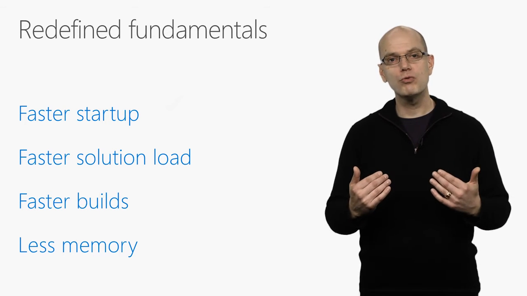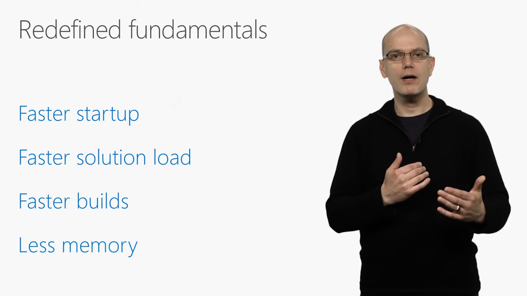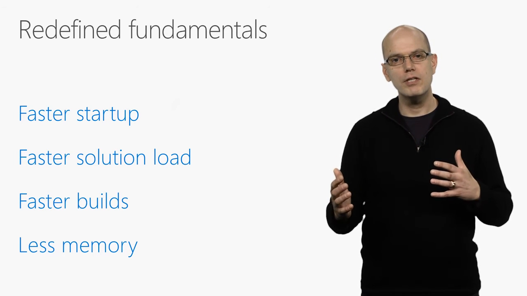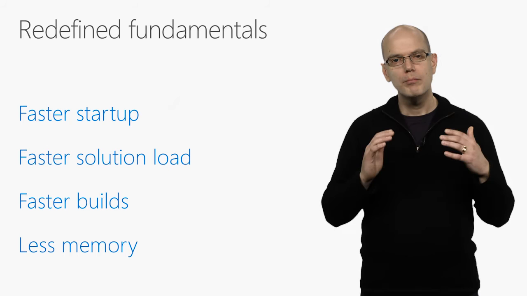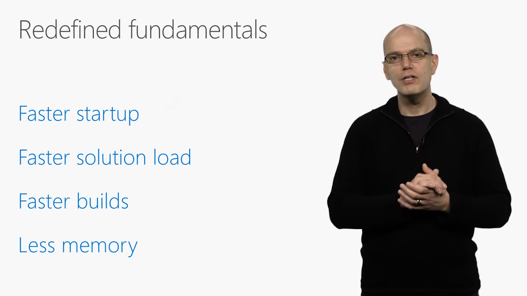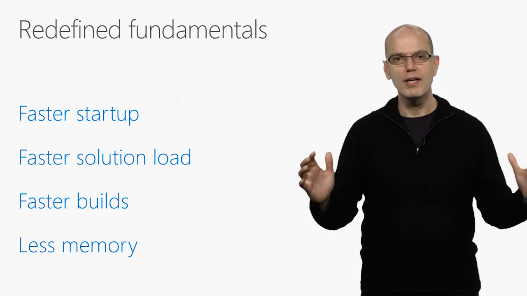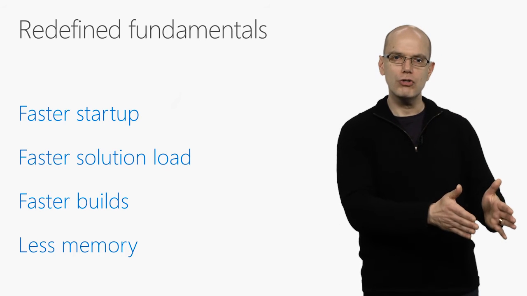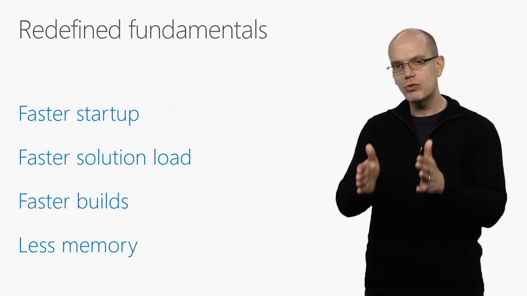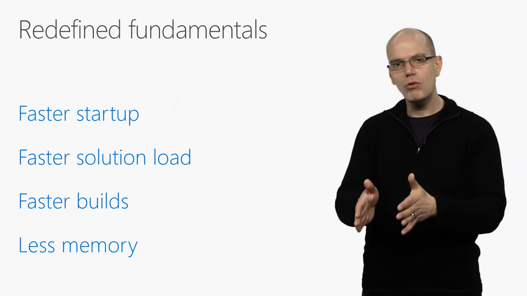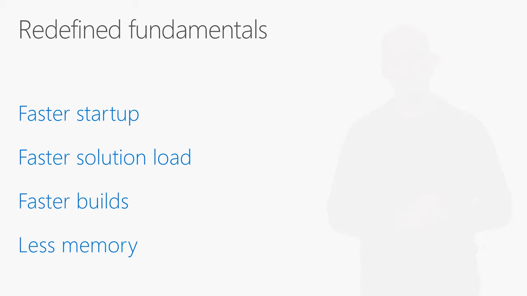C++ developers will get much faster builds with the FastLink option, and overall VS 2017 will use less memory. But the easiest way to show some of these improvements is to load a really big solution side by side in Visual Studio 2015 Update 3 and in Visual Studio 2017 and see how long until Visual Studio becomes responsive.